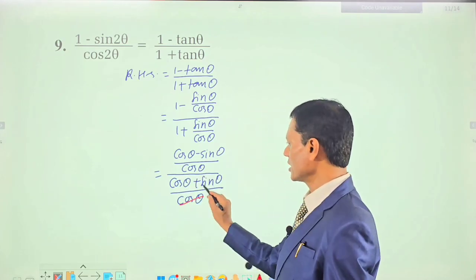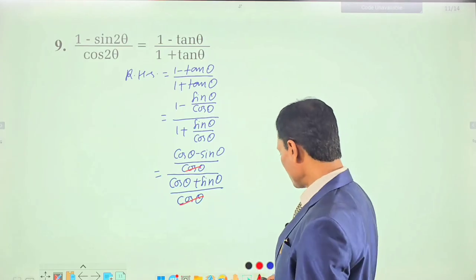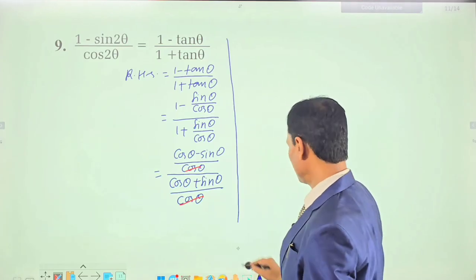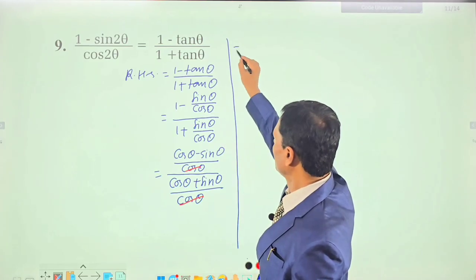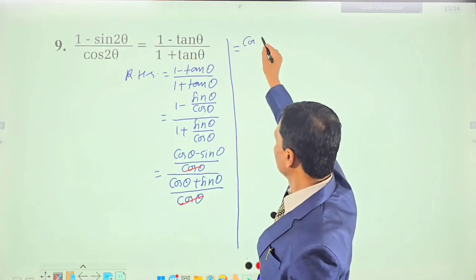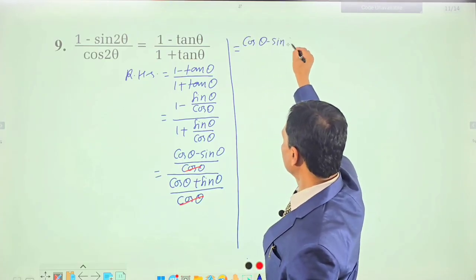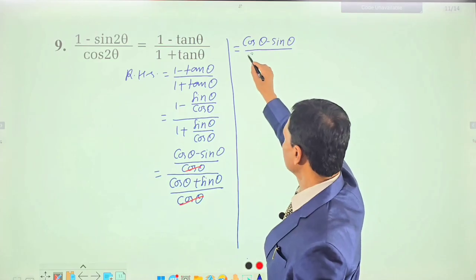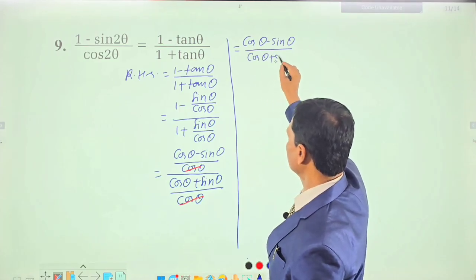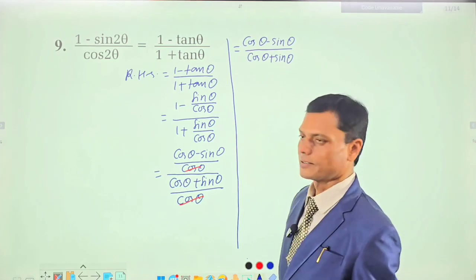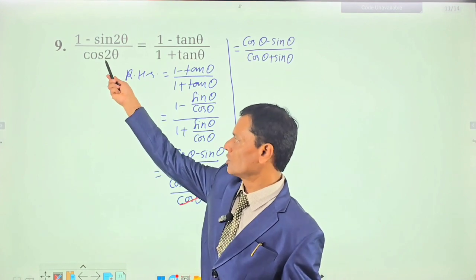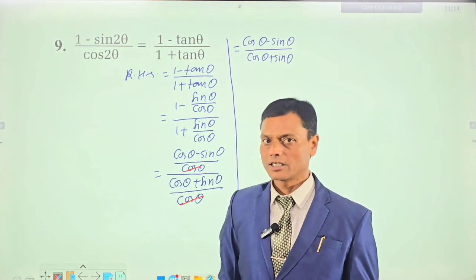Now you see that cos theta and cos theta will cancel. Now remaining we have cos theta minus sin theta over cos theta plus sin theta, isn't it? Have a look here. Where is cos 2 theta? Cos 2 theta is at the denominator.